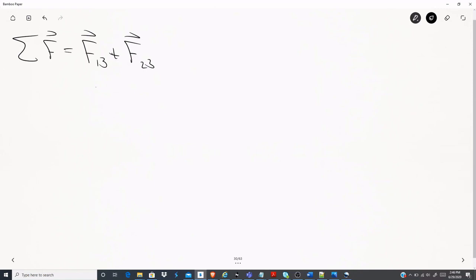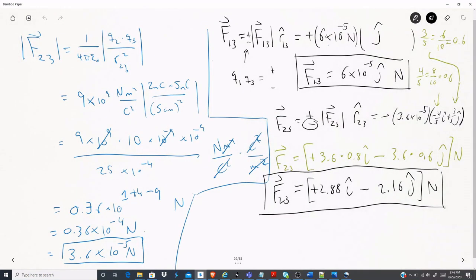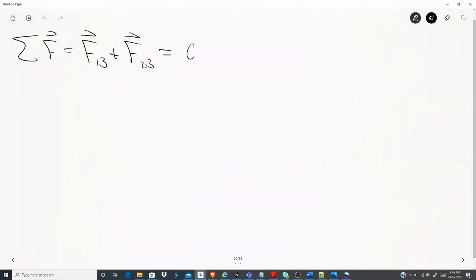In this case, we're looking at the net force acting on charge 3. In terms of vectors, the force that 1 exerts on 3 is 6 times 10 to the negative fifth in the j hat direction.